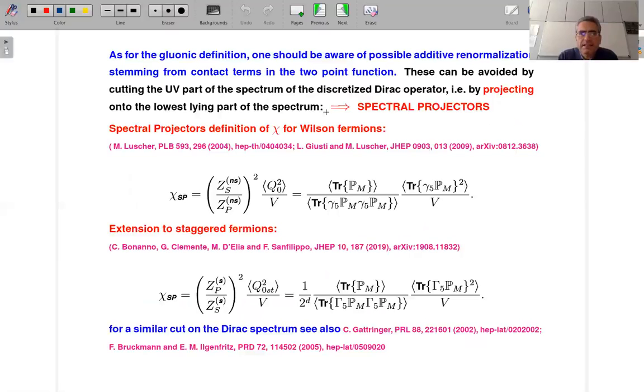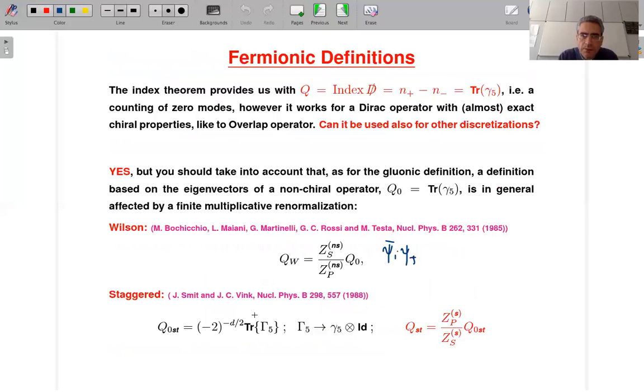So basically the idea is that when you take the square of the topological charge defined in this way, when you take the trace, as in the continuum definition, I mean, last week when we talked about this trace of gamma 5, we explained that it can be written as the sum over all the eigenvectors of the Dirac operator in this way.